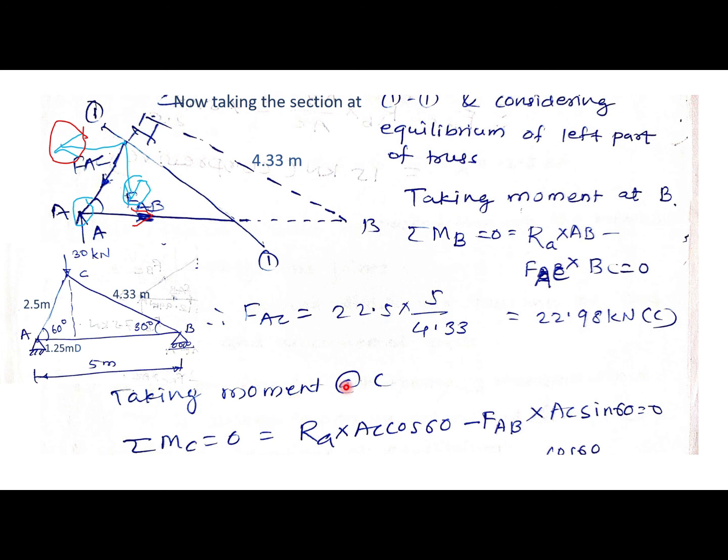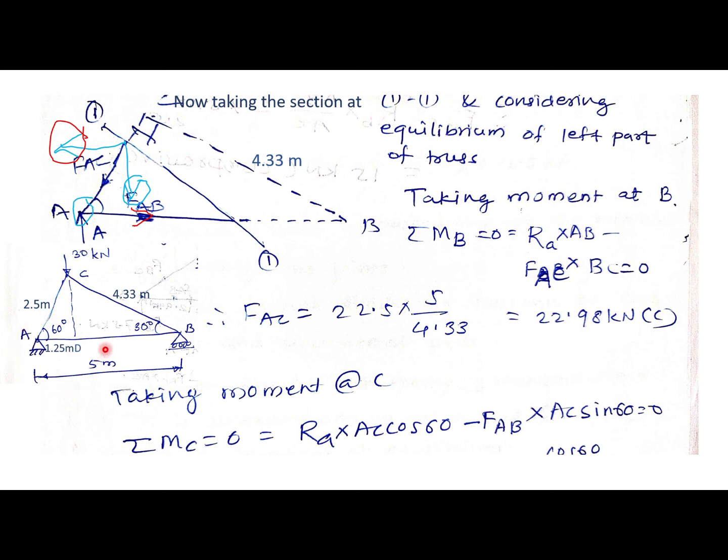So by applying the next condition and taking the moment at point C, by applying the condition of equilibrium at point C, we get sigma M at point C equal to RA into the perpendicular distance from this point. Here I have redrawn it for you. Kindly keep the trigonometry in mind.